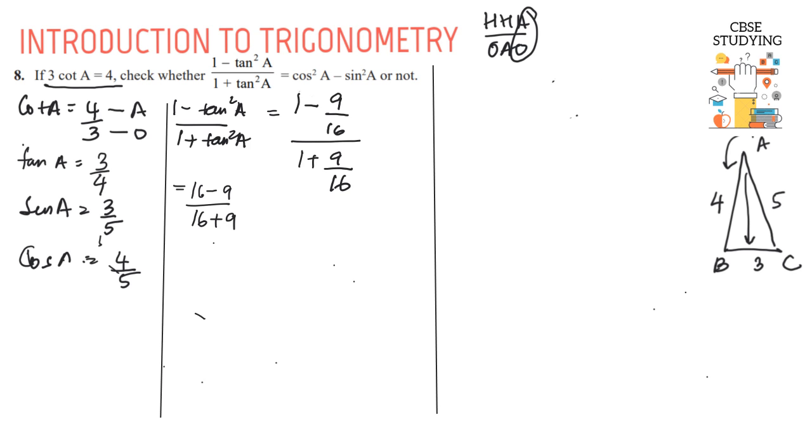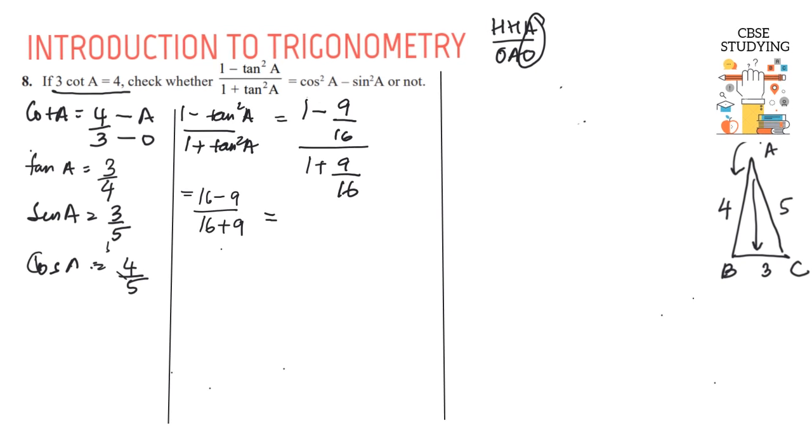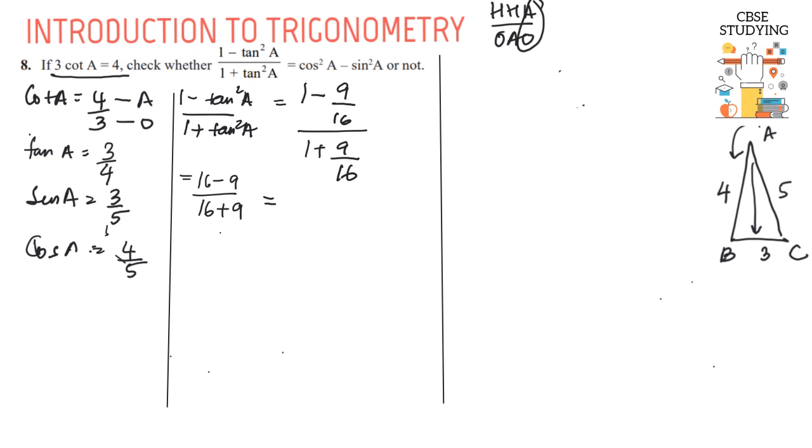Now solving this further, what do you get? 16 minus 9 is, how much is 16 minus 9? 7 by 25. So that's the value for your LHS, right?